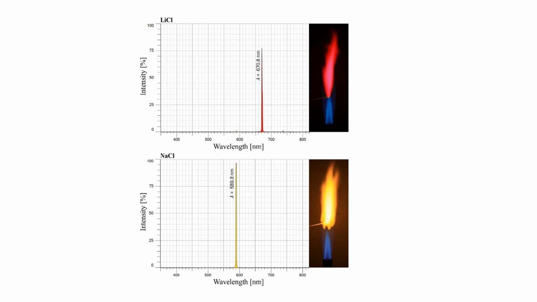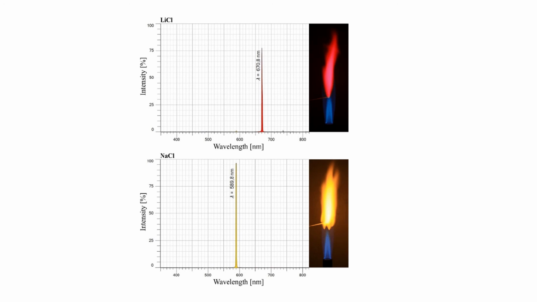Here is a slightly different way in which it's shown. So here we've got our two flames, it's lithium and sodium. And you can see that on this image, instead of it having the light spectrum, it's got a graph that just shows you where the peaks are of that wavelength.